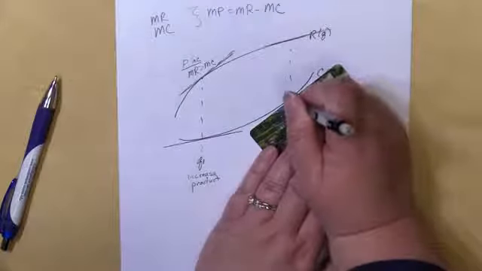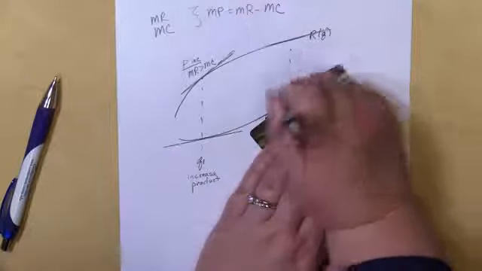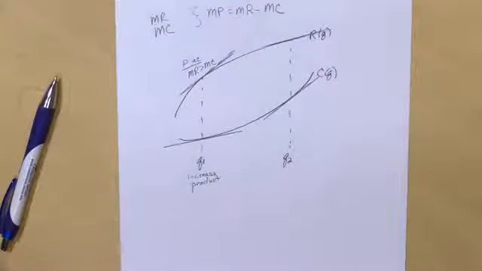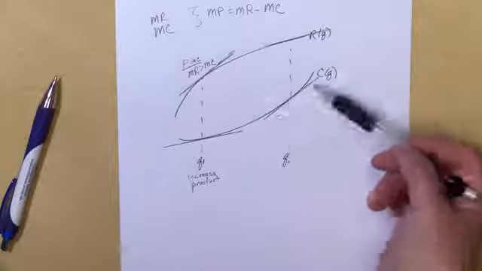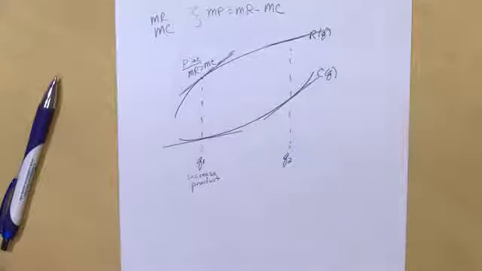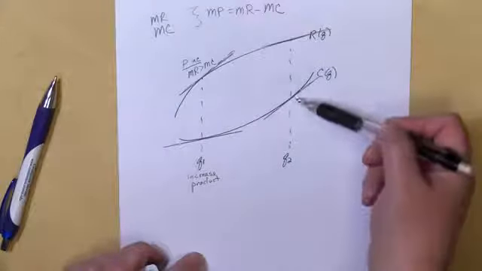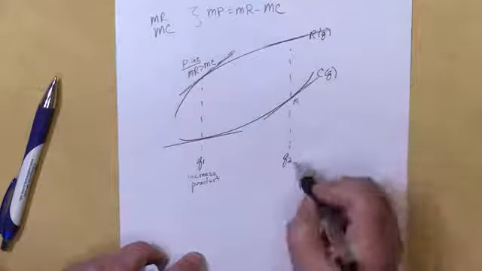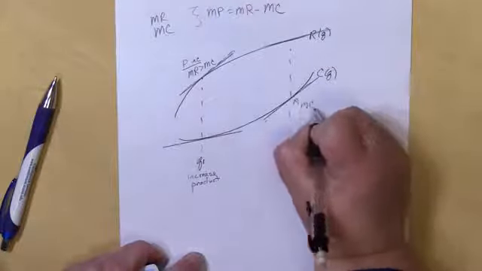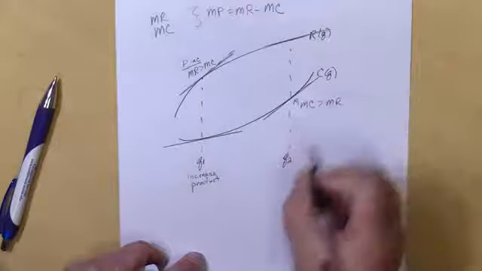And here it looks like the tangent line for cost at that spot would look like that. So in this case, again, they're both positively sloped, but this one is steeper. So here, for this one, we have marginal cost is bigger than marginal revenue.